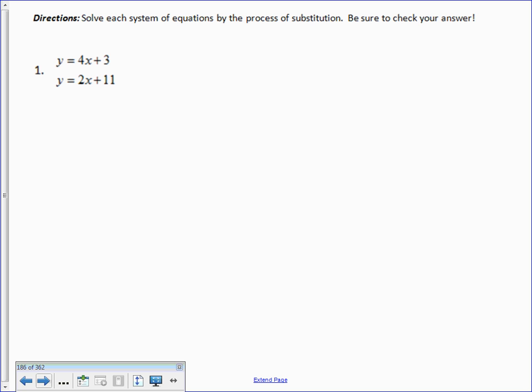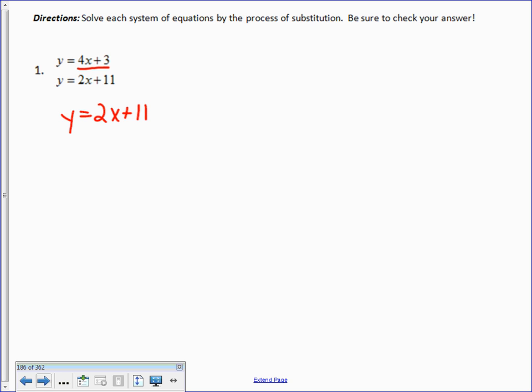If I know that y is equal to 4x plus 3 in my first equation, I can now substitute that 4x plus 3 into any place in my second equation where I see y. So the second equation is y equals 2x plus 11.